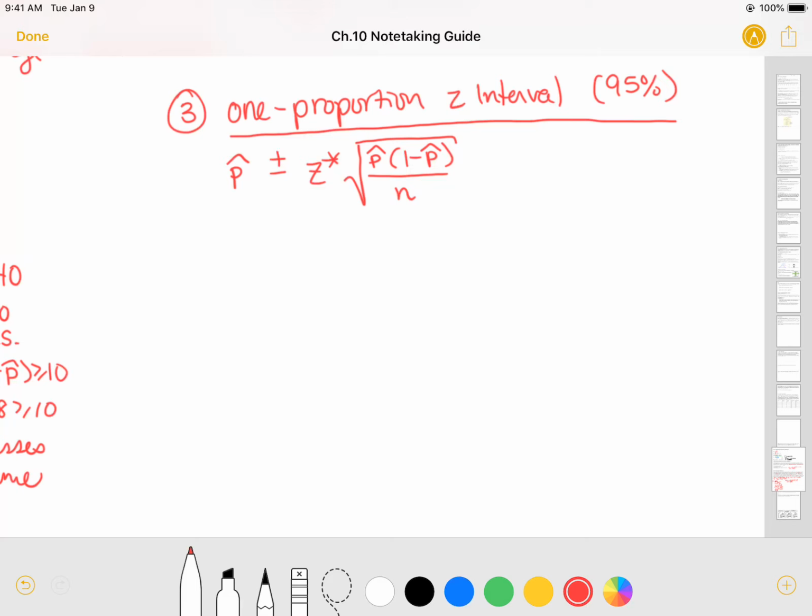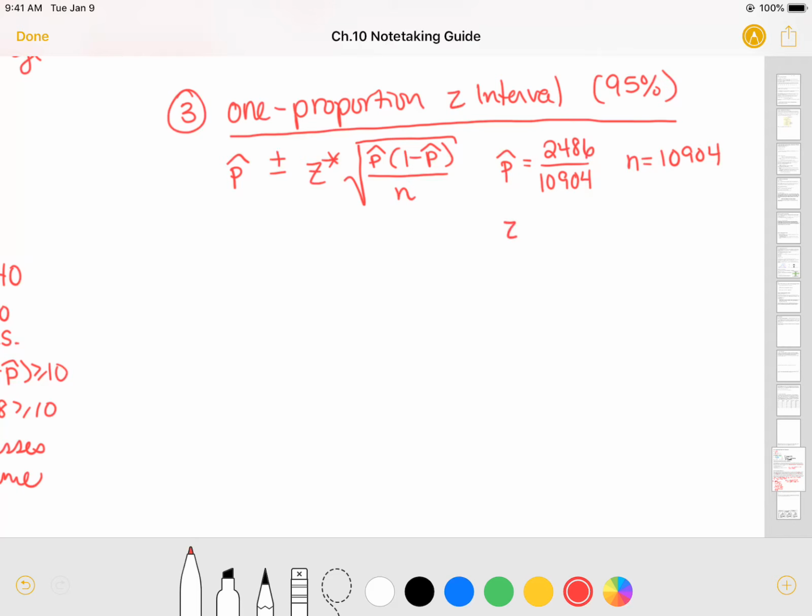And p hat is 2,486 successes out of 10,904 total, that's our sample size, not failures. So our p hat is 2,486 divided by 10,904. Now n is equal to 10,904, right? That's the sample size.